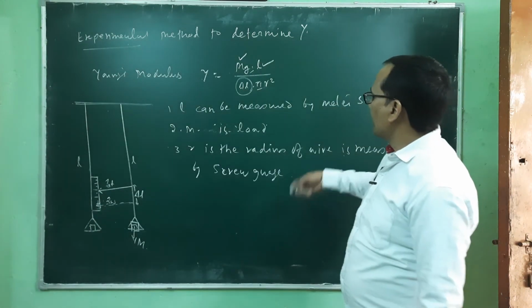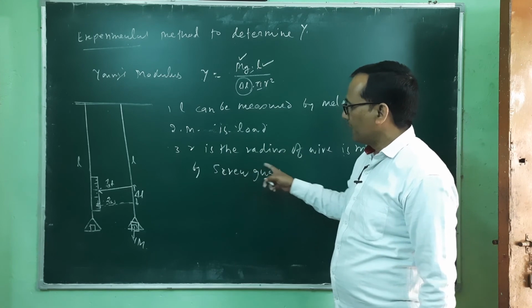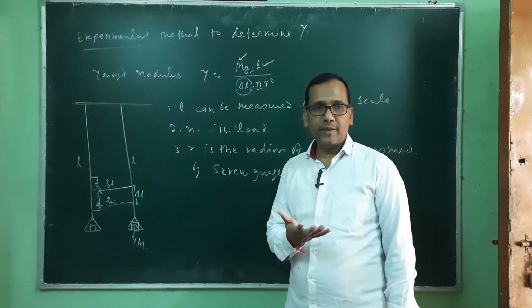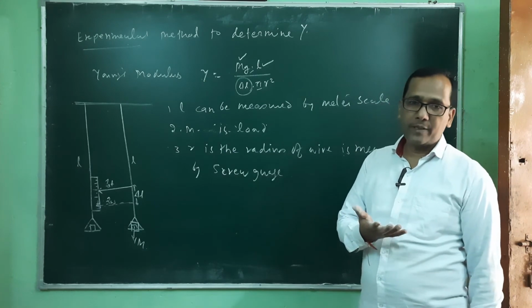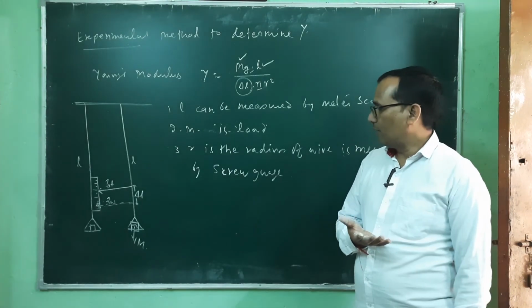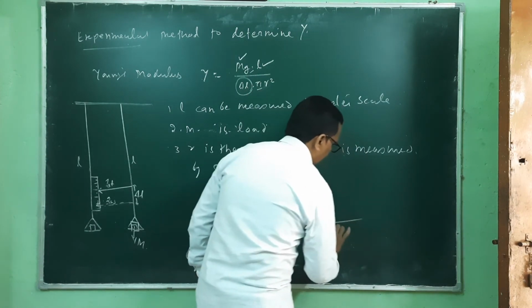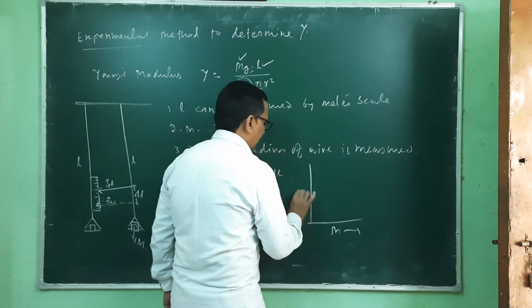All the parameters, small l and capital M, are there. For different masses this experiment is repeated, and one can draw a graph between the mass and the length L, because a single calculation is not enough.